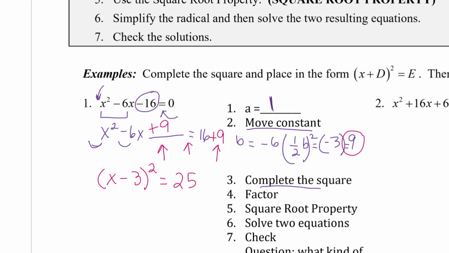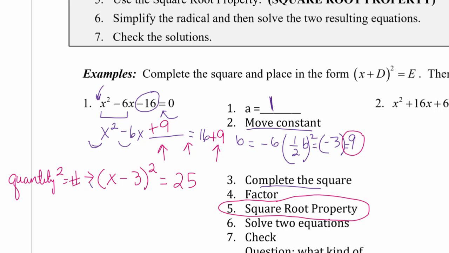Okay, so now this should look familiar because we did some earlier work on the square root property. Do you remember that in the square root property, we always had quantity squared equals number? And boom, isn't that what we have here? So we are now going to use the square root property. And what are we going to remember when we use the square root property? If you said plus or minus on the right hand side, you're absolutely right.